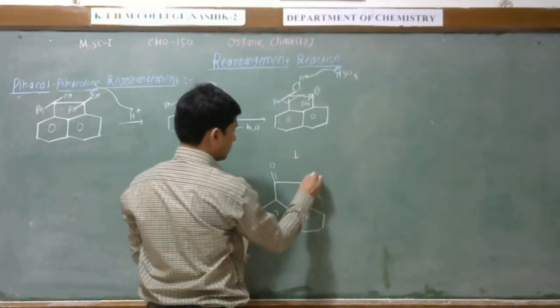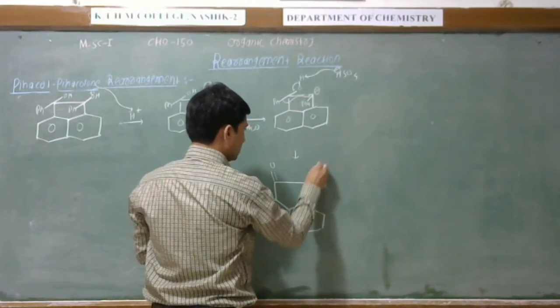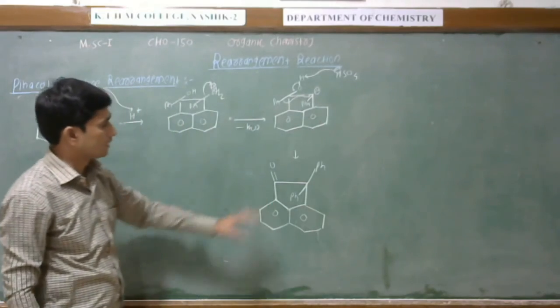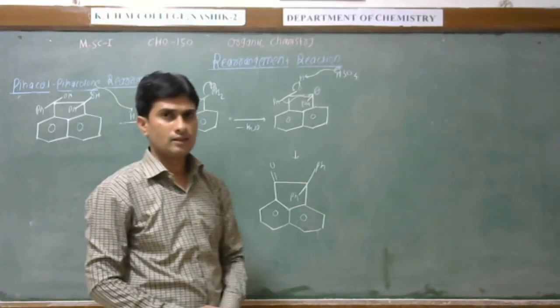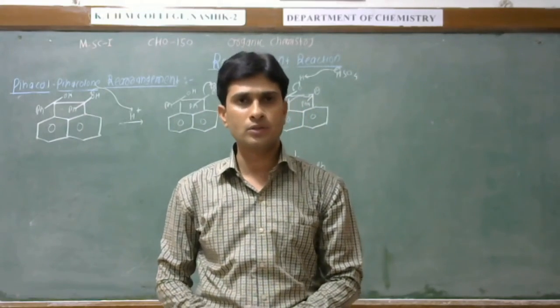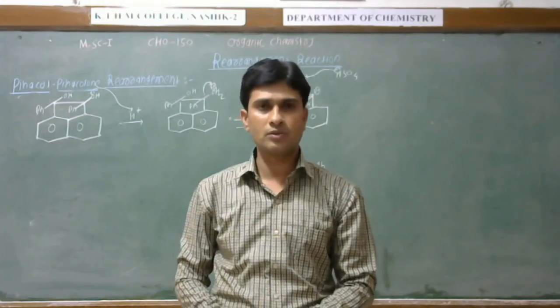Here is the carbonyl group, and here is the Ph, and here is the another Ph. So this is the final compound. So this is the Pinacol-pinacolone rearrangement, in which we can convert the pinacol into the pinacolone by using concentrated sulfuric acid.